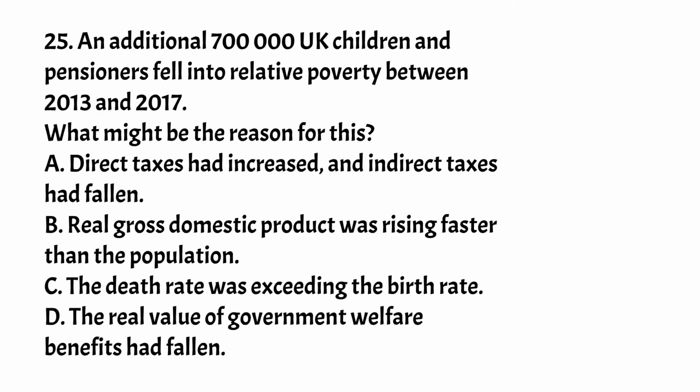C. The death rate was exceeding the birth rate. D. The real value of government welfare benefits had fallen. The only way that this could happen is if the real value of welfare payments fell. This is how much that payments will actually buy. So, the answer is D. The real value of government welfare benefits had fallen.